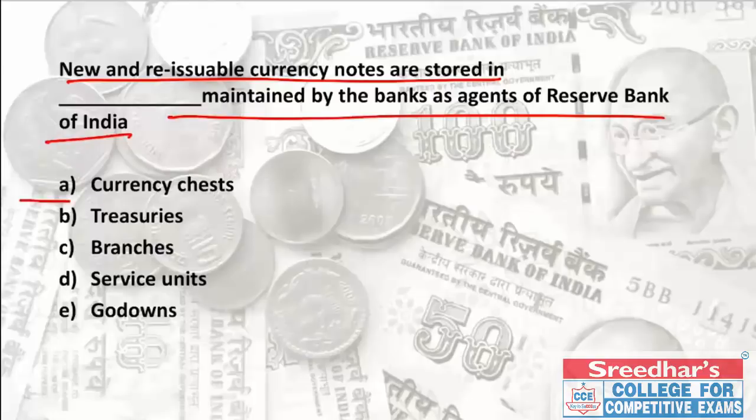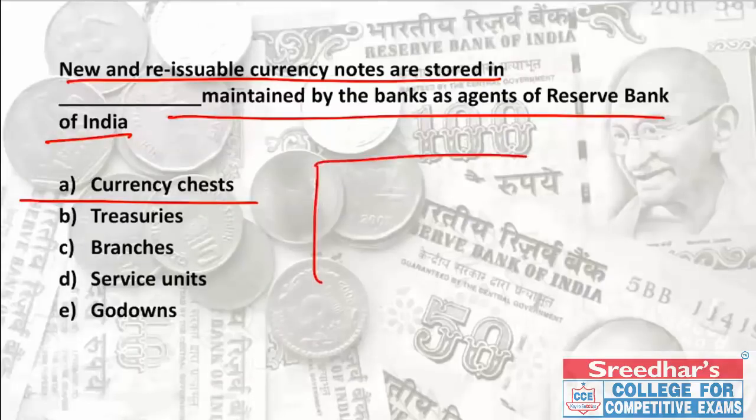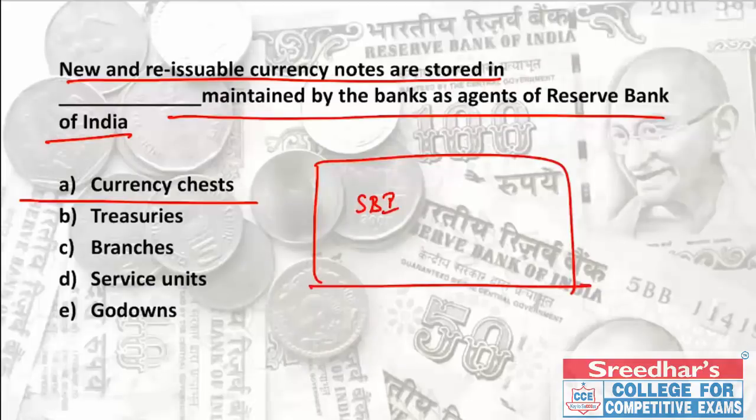New and reusable currency notes are stored in Reserve Bank of India currency chests. So RBI maintains currency throughout the country. So in an area, say for example, it is SBI, which is the influential bank there, or say it was the first bank that was set up.